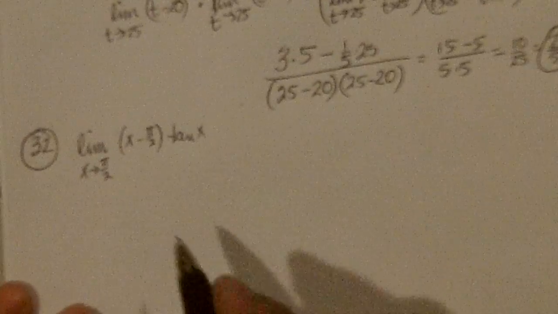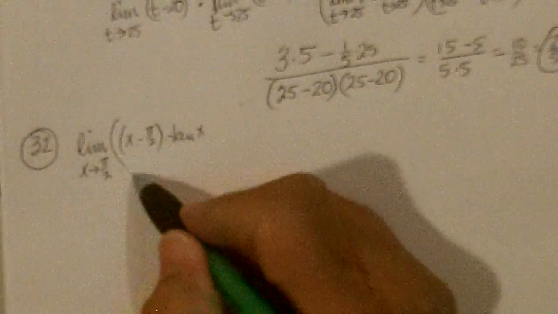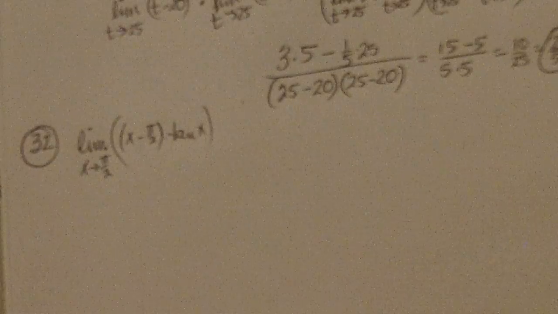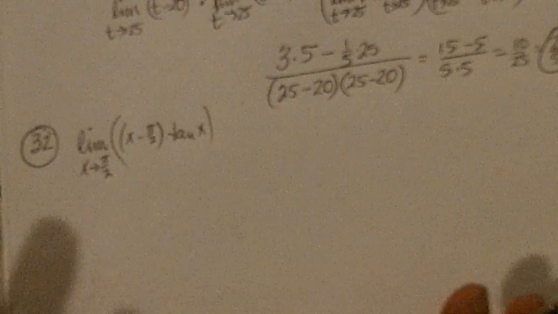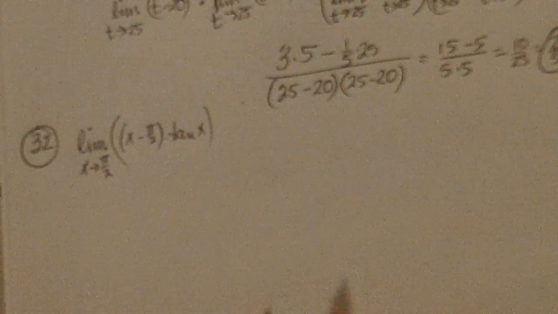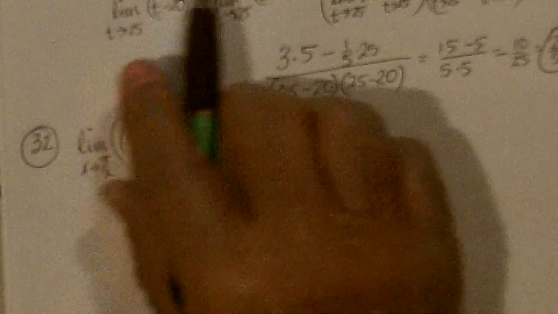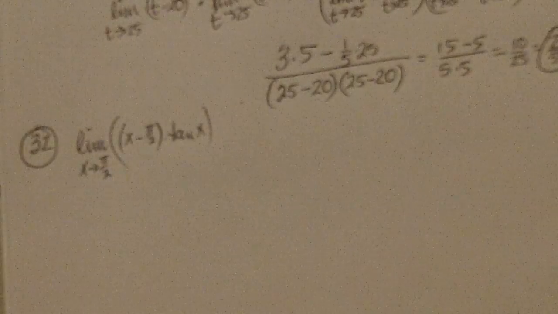Now this one, this is a product, and you think, oh, I can use the product rule. But you can only use the product rule and the difference rules if the pieces do have limits. And each one of these had a limit, so we were fine with that.